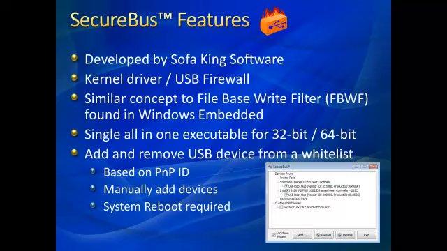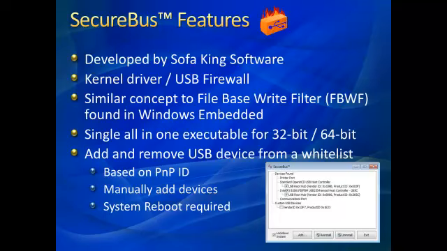Very simply, SecureBus is a kernel driver that acts as a USB firewall. If you're familiar with the file-based write filter from XP Embedded and Windows Embedded Standard, SecureBus's main feature is a device authorization list that controls what devices can be plugged into a USB host port. You can add devices to the list using the device's plug-and-play ID.